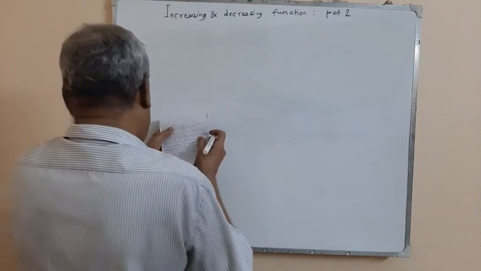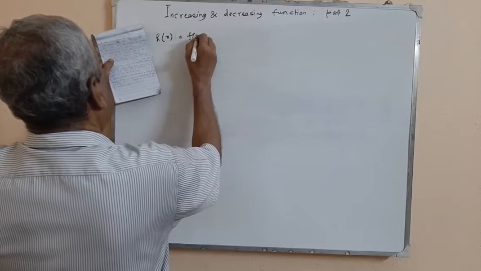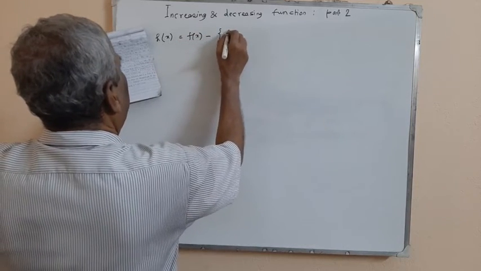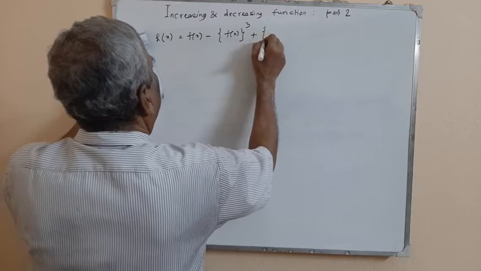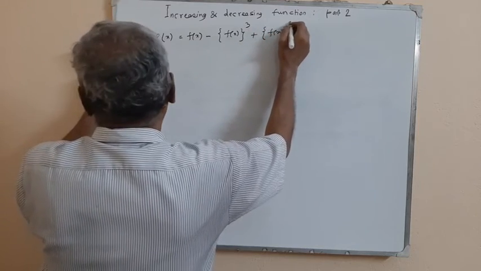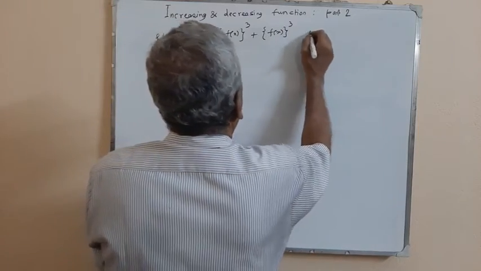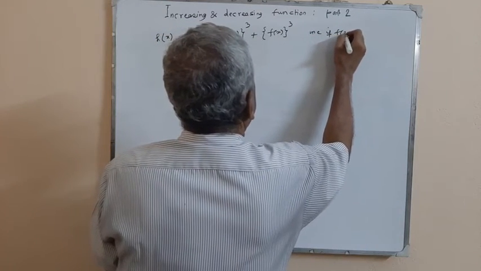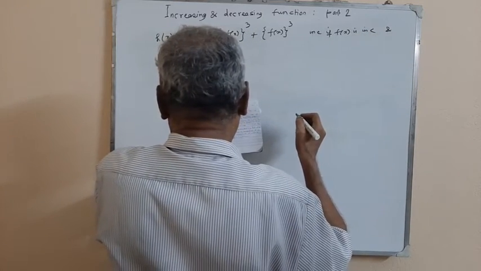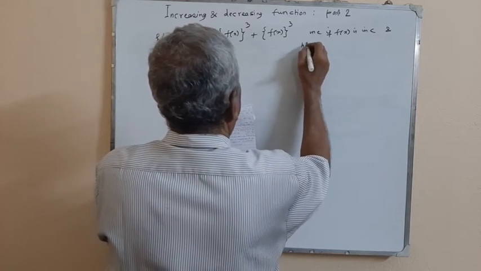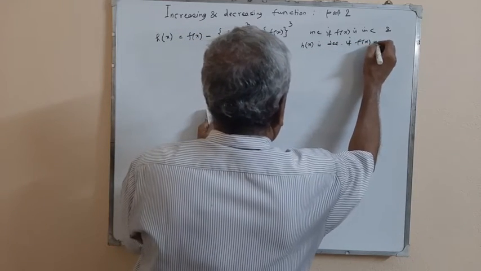So that the function h(x) is equal to f(x) minus f(x) whole square plus f(x) whole cube is increasing if f(x) is increasing and h(x) is decreasing if f(x) is decreasing.